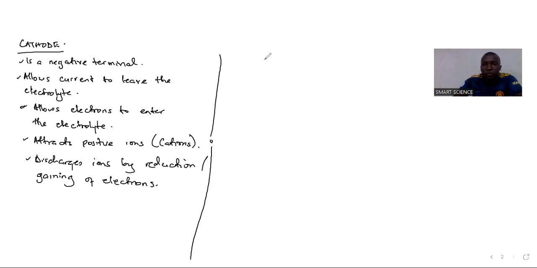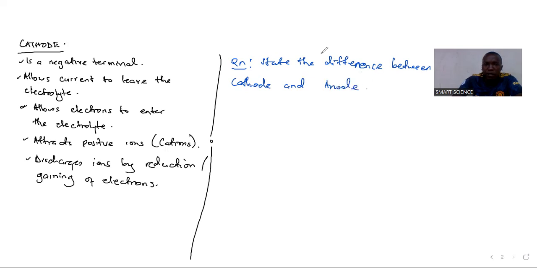So if you meet a question which says state the difference between cathode and anode, we can put around 3 marks or more, or 2.